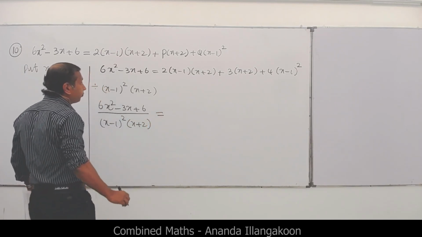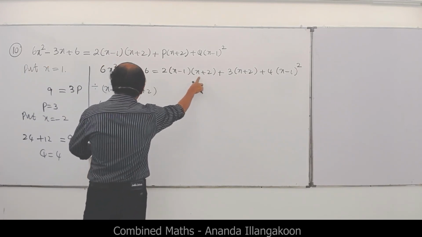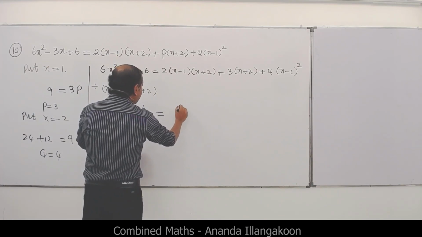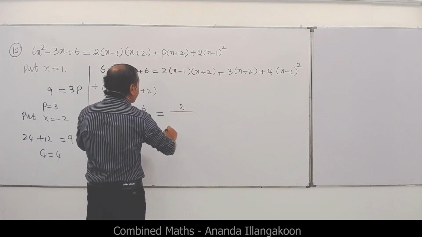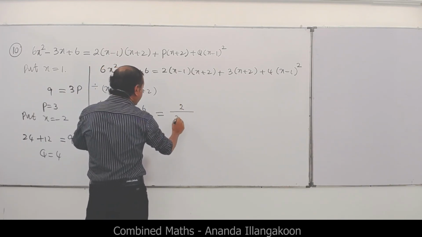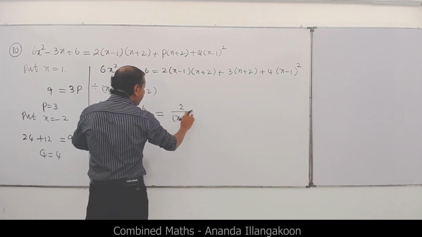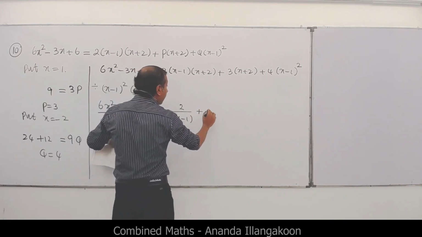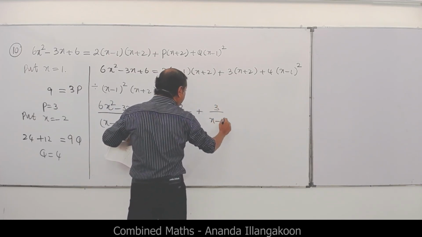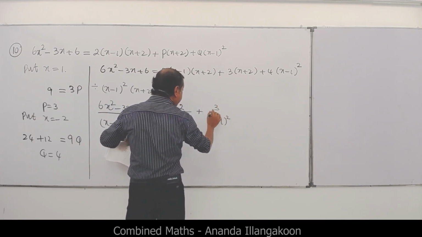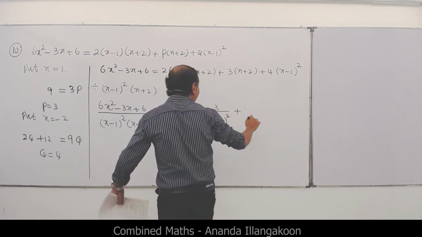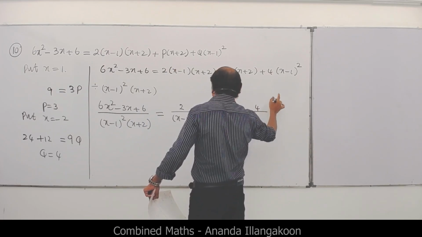When this is divided by this, we get 2 over (x minus 1)(x plus 2), we can cancel down, we get (x minus 1) here, 3(x plus 2) over (x plus 2)(x minus 1) squared, 4 over (x plus 2).